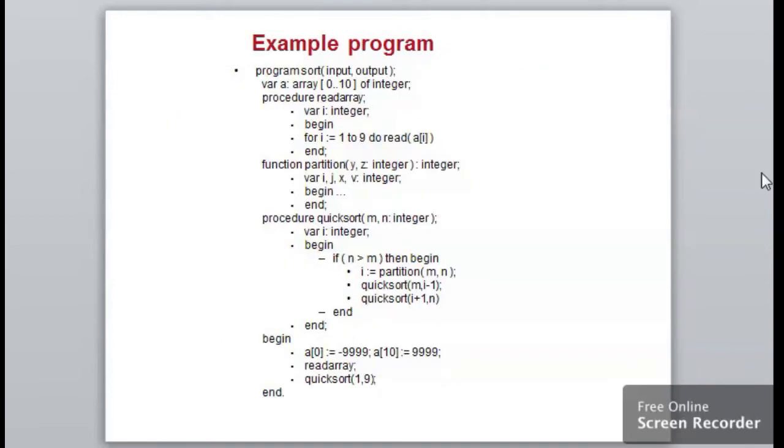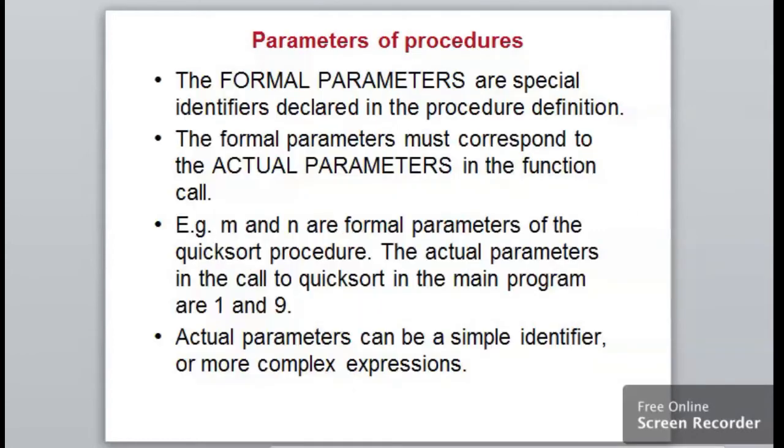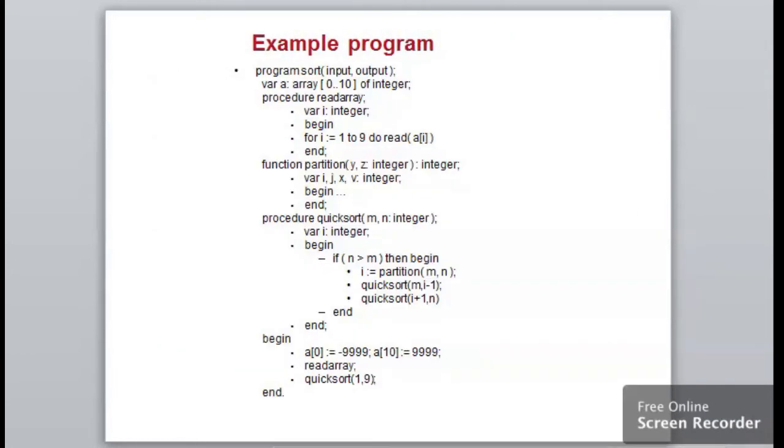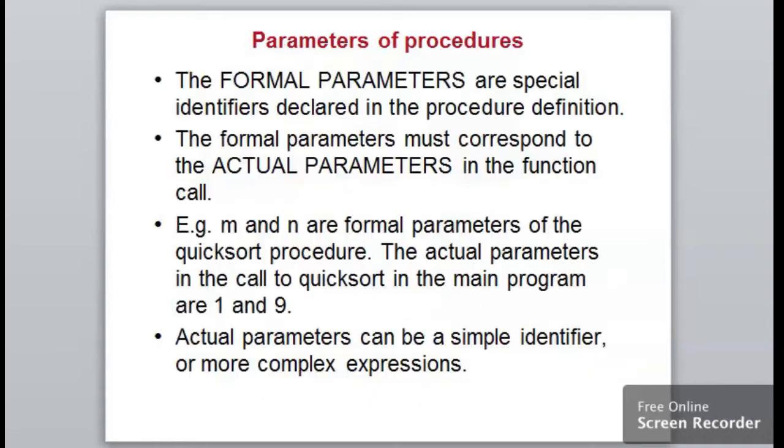So the procedure quicksort has the formal parameters m comma n, while it is called within the program as quicksort 1 comma 9. The actual parameters can be a simple identifier or more complex expressions.